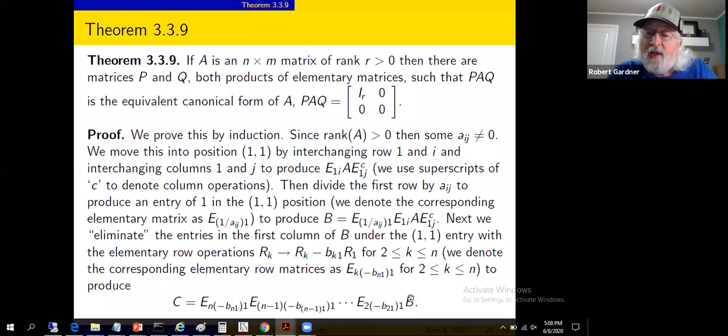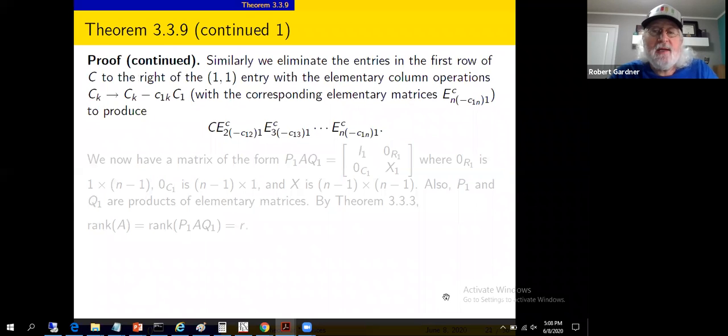But somewhere over here in B is matrix A. At this stage, it's got one elementary matrix to the right, and a whole bunch of them, we can count them up, to the left. Let's call that matrix C. So where we stand now is you got a 1 in that 1, 1 entry, and you got zeros below it. Now let's get zeros to the right of it. So that's what we'll do next.